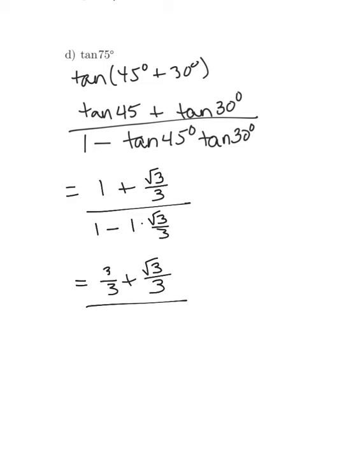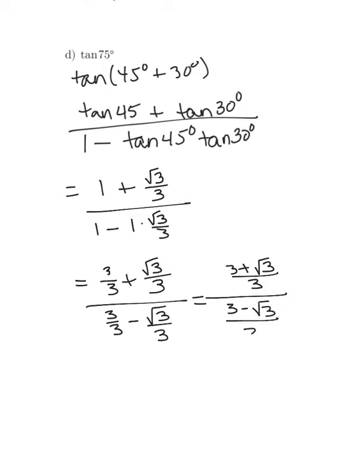My denominator will become 3 over 3 minus square root of 3 over 3. Well, now I have common denominators in each of these, so I'm going to write the numerator as 3 plus the square root of 3 over 3, and then the denominator will become 3 minus the square root of 3 over 3.